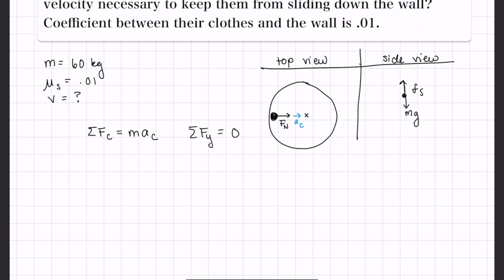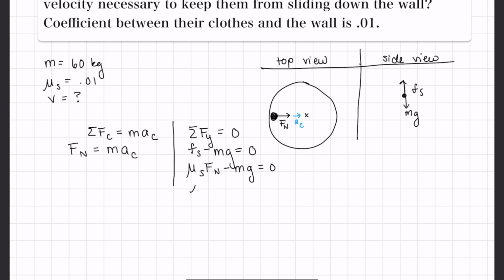And then our only centripetal force is going to be normal force, so we're going to have F normal equals MAC, and then vertical will have force friction minus mg equals 0. And for force friction, we're going to substitute in mu s times normal force minus mg equals 0.